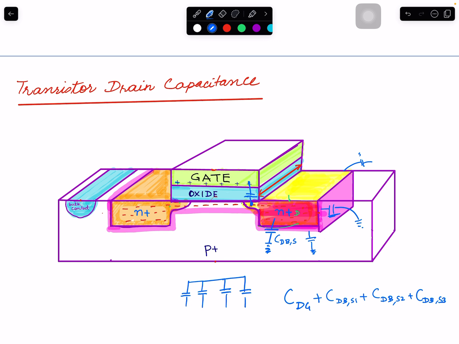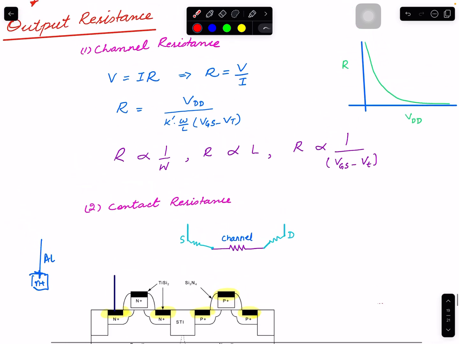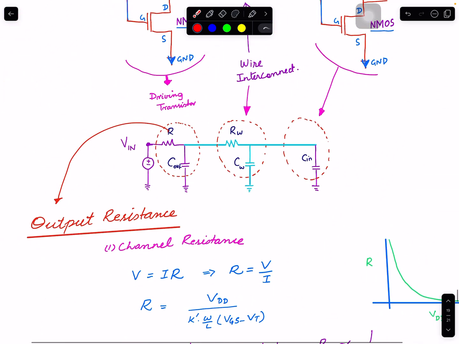Oh, there's this one too, drain to bulk bottom. So add these 5 components. That will be your equivalent. Add them all up, and that will be your C out.